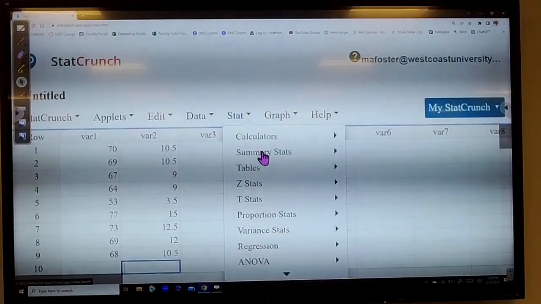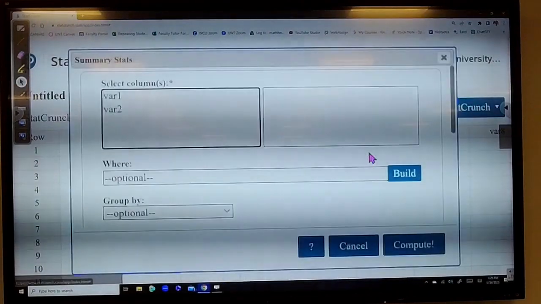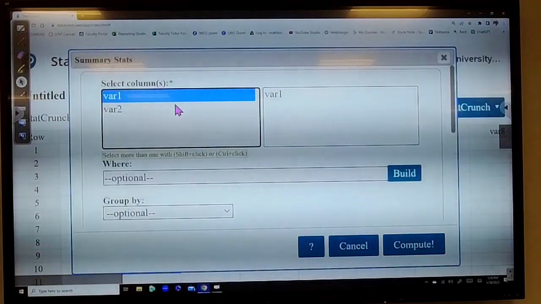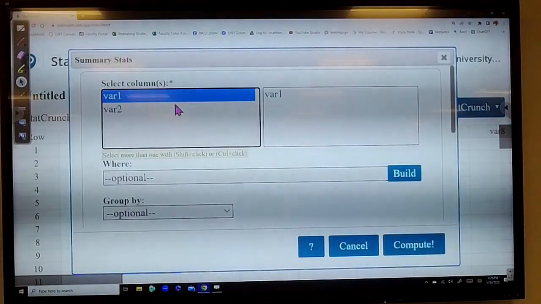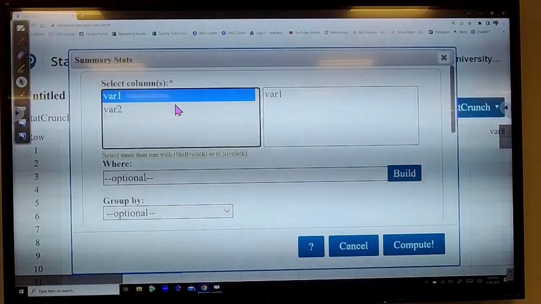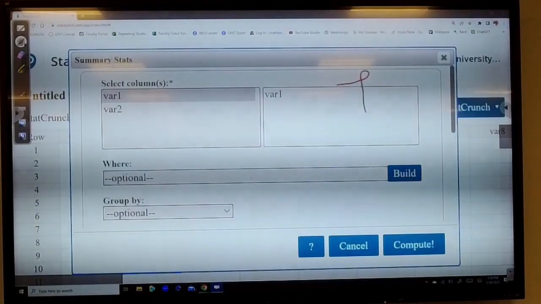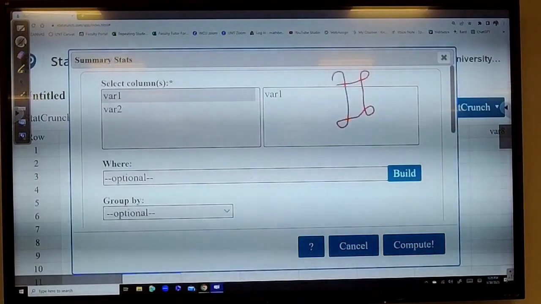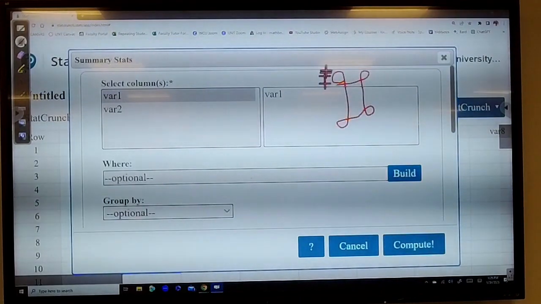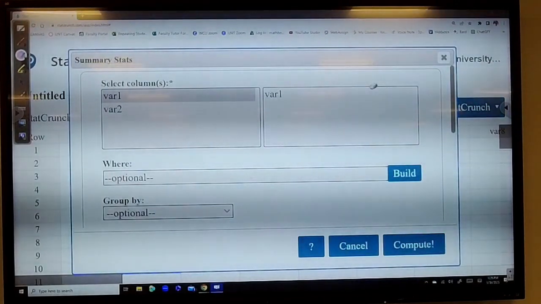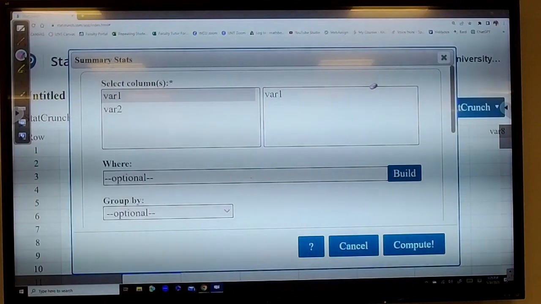So I'll go to Stat, Summary Stats, Columns. And I can pick both of these. Right? If you have an Apple computer, you have to hold down the Command key to pick both of them. The Command key is the one that looks like this. If you have a regular Windows computer, then you would hold down Control, CTRL.